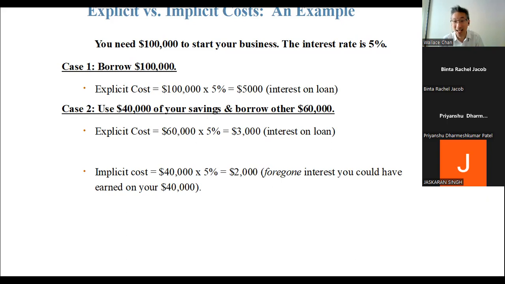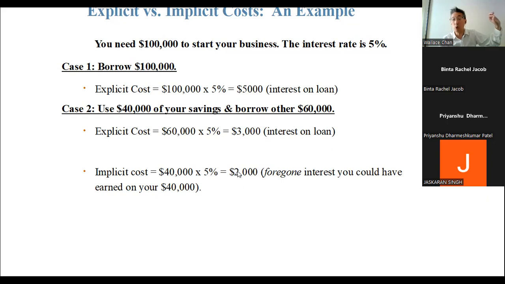So even though, if you compare the explicit cost, it seems a much better deal if you use $40,000 of your savings and only borrow $60,000, economists say, don't forget your $40,000 has the implicit cost of 5%, because you can lend this $40,000 to someone else and earn 5%.